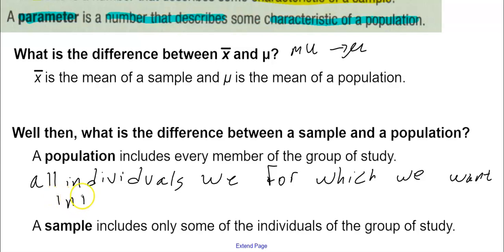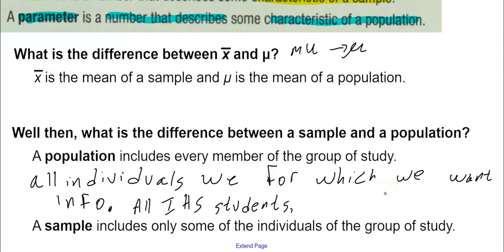That's a population. That would be like all Independence High School students. That would be a population. All IHS students. Everybody who lives in America. Everybody on the entire planet.